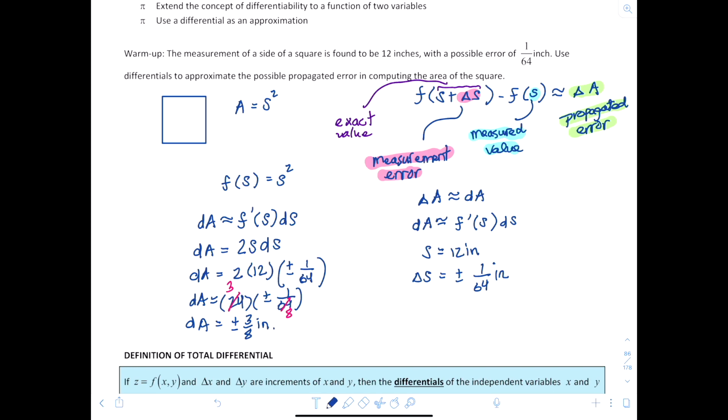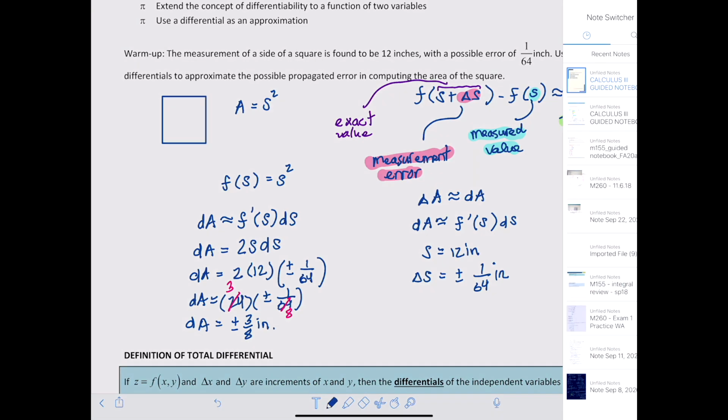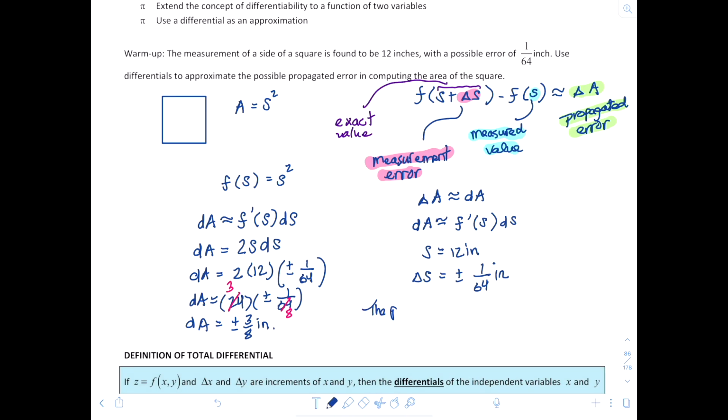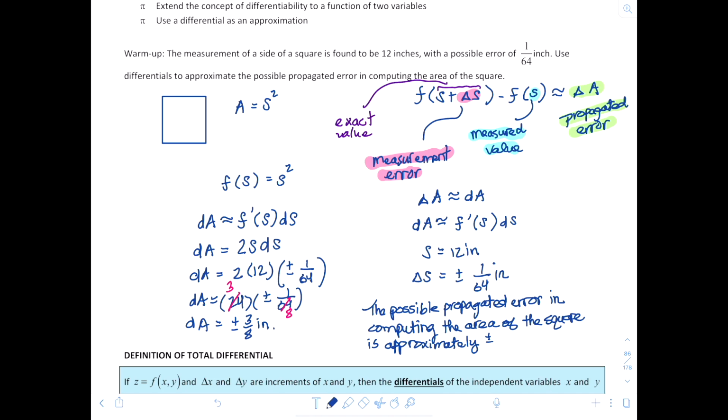Cool so far? So putting that in words, we would say, in our conclusion, the possible propagated error in computing the area of the square is approximately plus or minus 3/8 of an inch, and sorry, that's area, so it's in square inches.